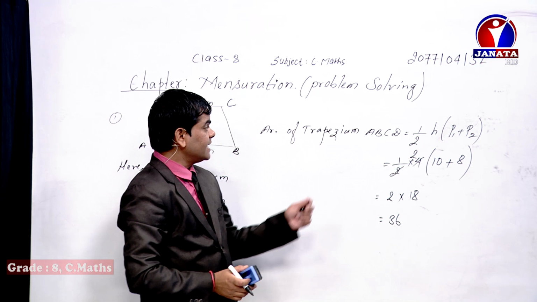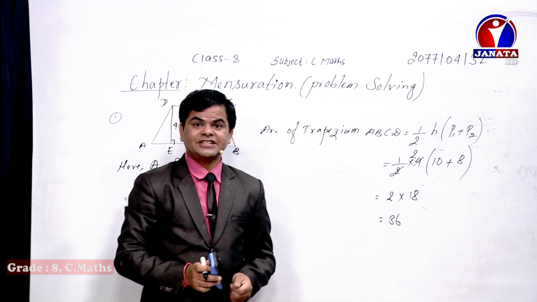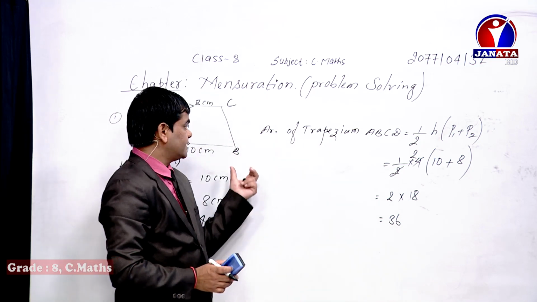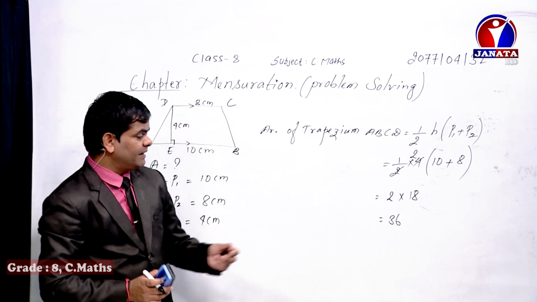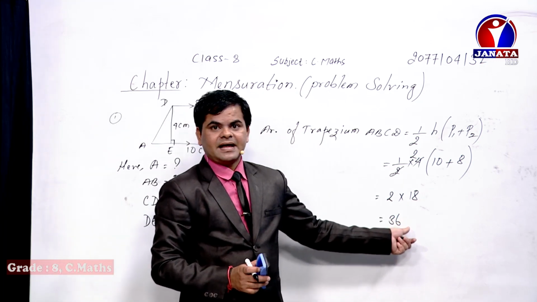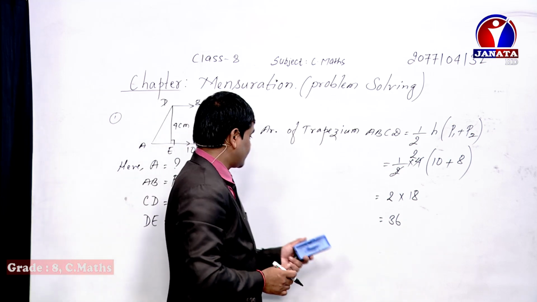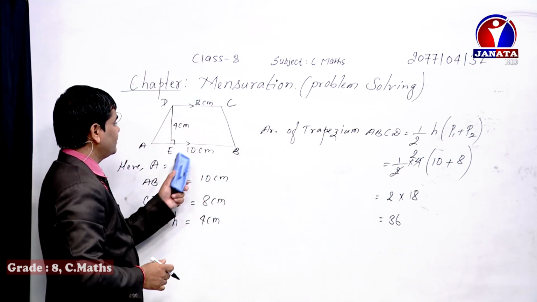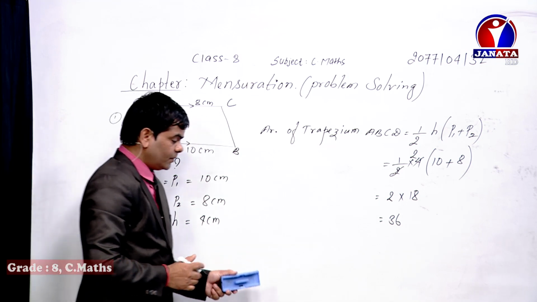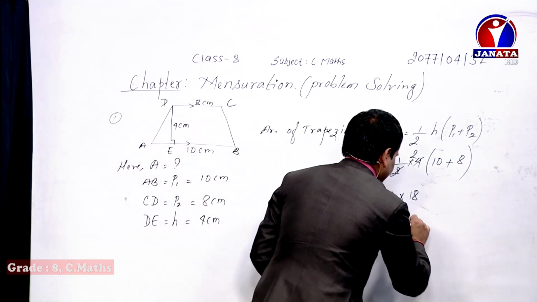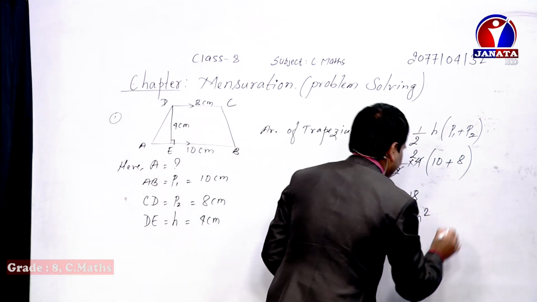Areas always have the unit as square. If the unit is meter, then we need to mention here as meter square. If centimeter is given, at the time we need to mention centimeter square. So in this figure, as the unit is mentioned as centimeter, the unit of area becomes centimeter square.